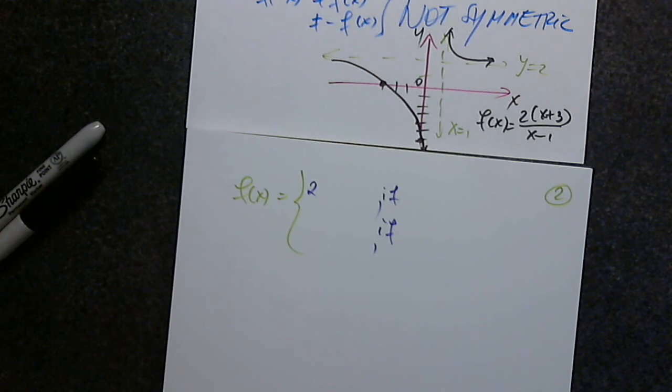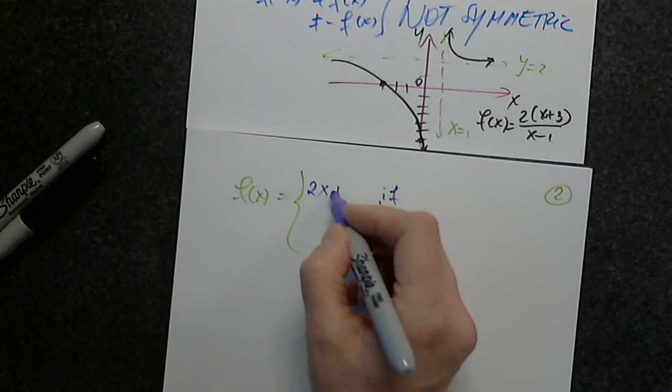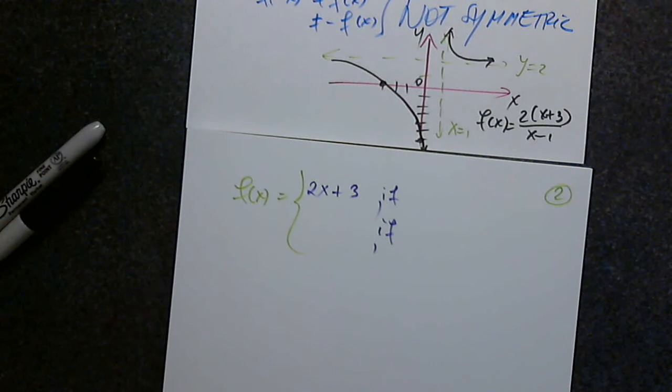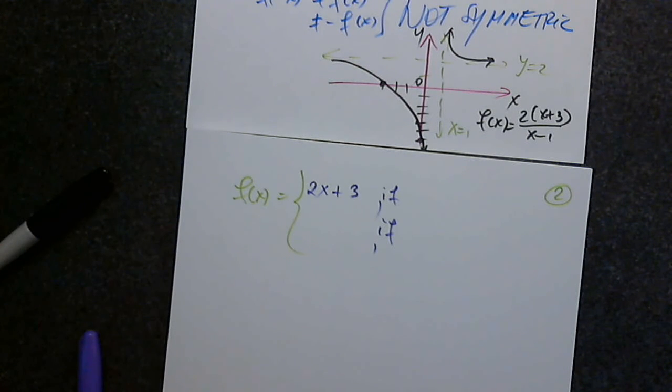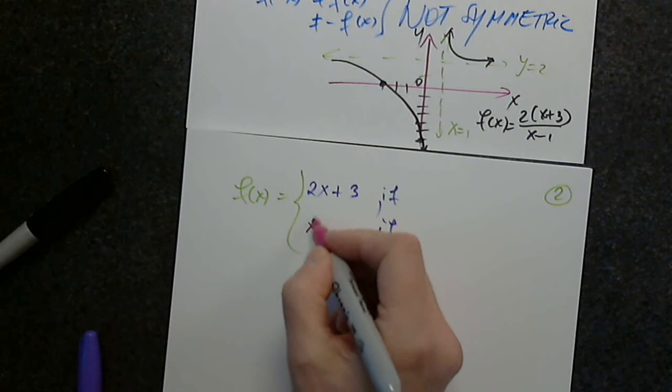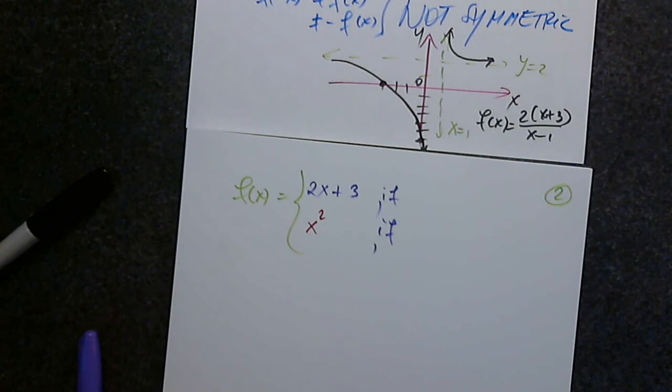You said 2x. What about the second one? You want x squared minus 1. Okay, x squared minus 1.